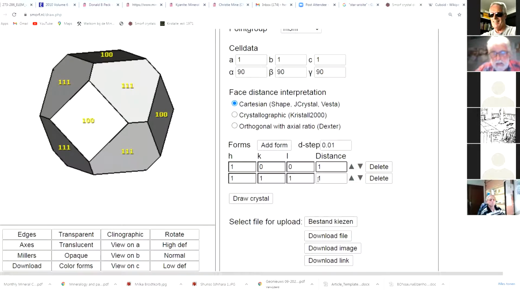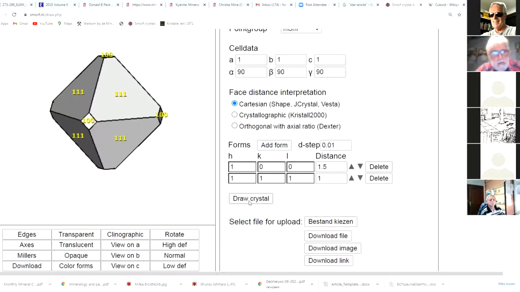So let's see, instead of 1, if we put 1.5 for the cube and we say draw crystal, you see, the cube faces now are much smaller. The octahedral faces are much larger.